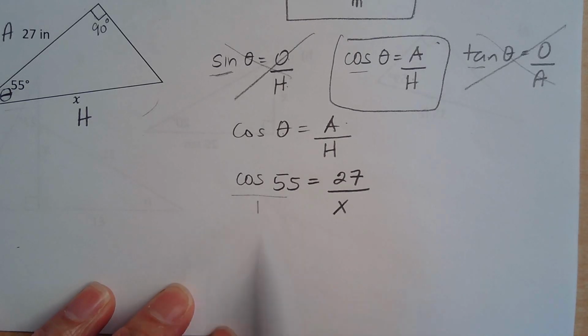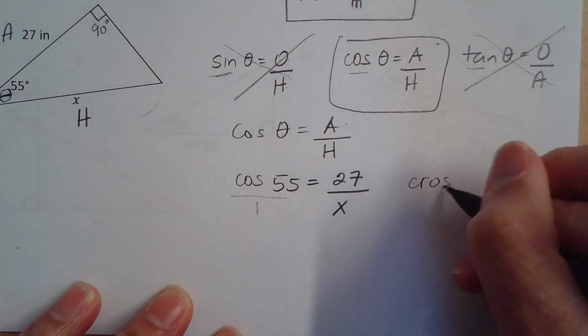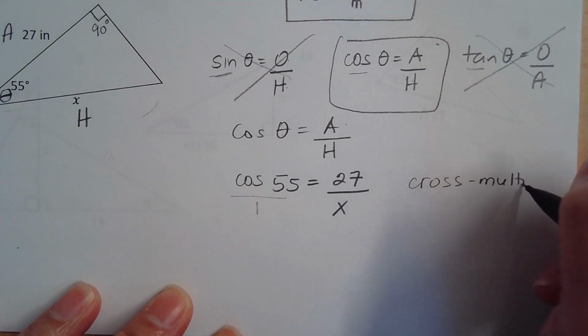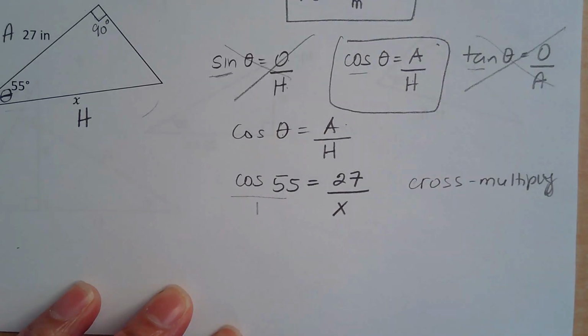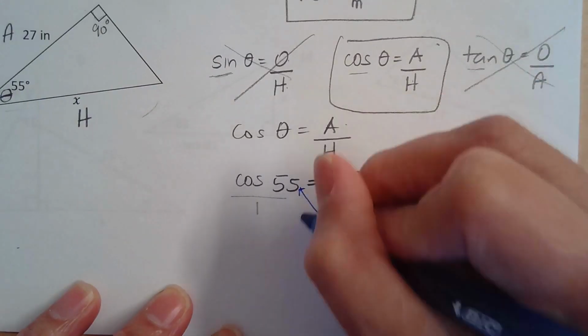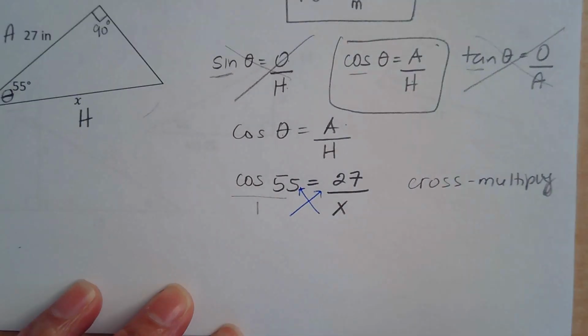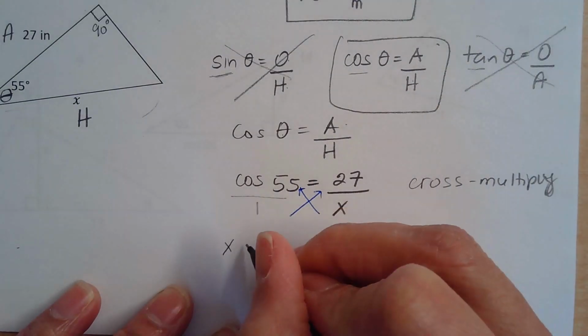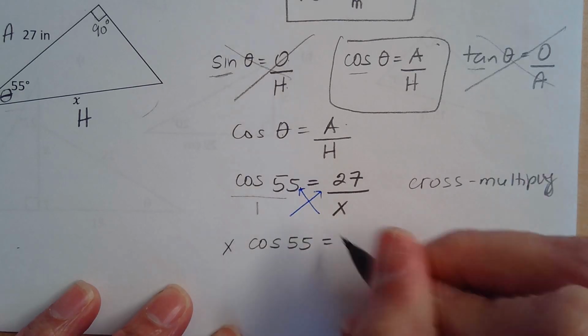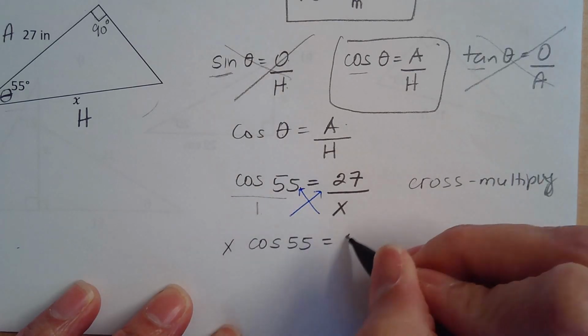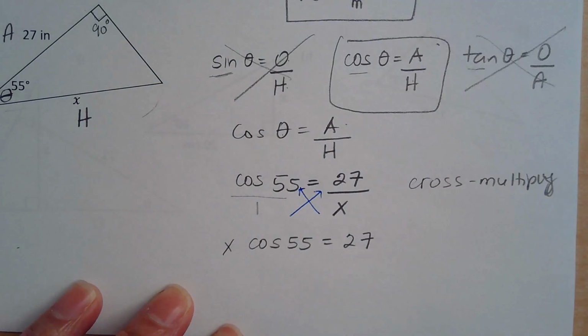If this is in the denominator, it's 1 if there's nothing there. We're going to cross multiply. So x times cos of 55 equals 27. Is everybody okay with that one?